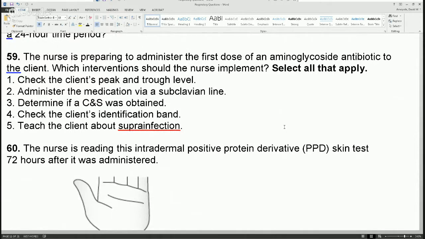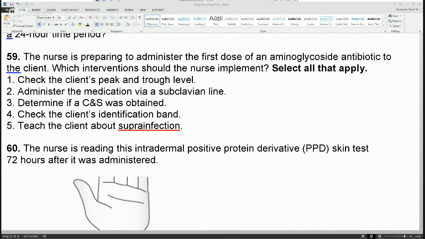All right, Robert. The nurse is preparing to administer the first dose of aminoglycoside antibiotic to the client. Which intervention should the nurse implement? Select all that apply. Well, that's a nasty antibiotic. Well, it's the first dose. You can't check the peak and trough. Use the subclavian line.